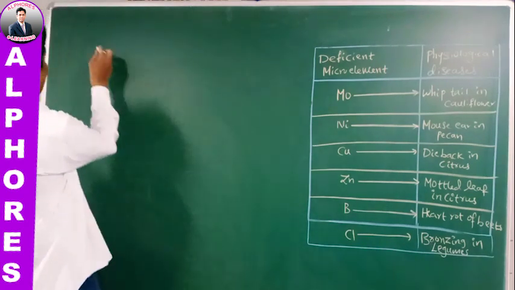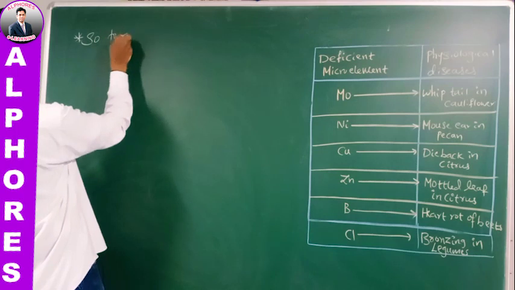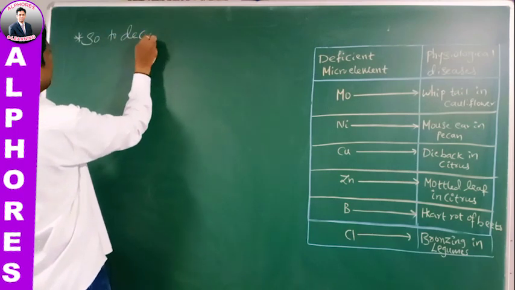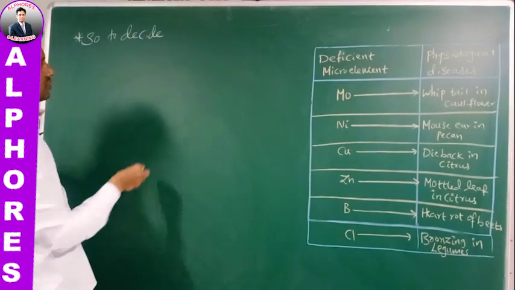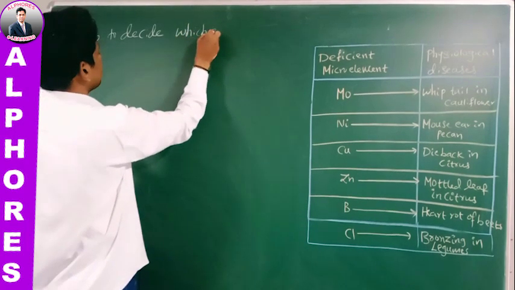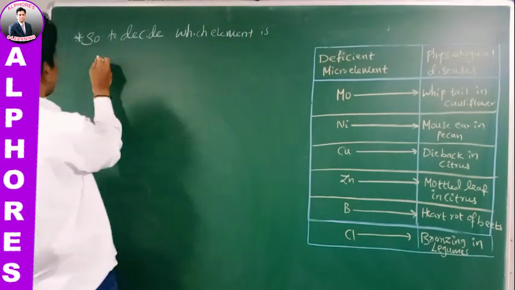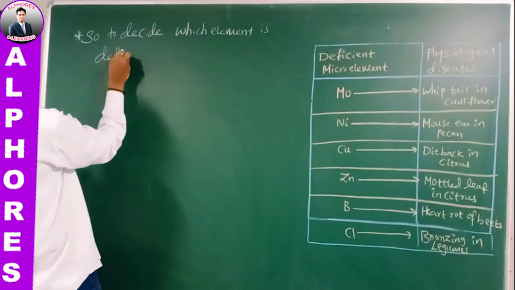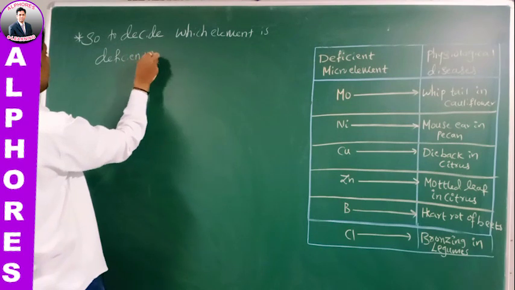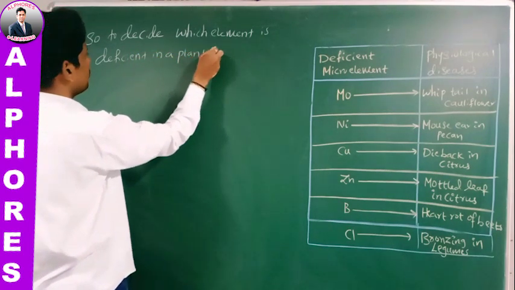So to decide which element is deficient in a plant, what do we have to do?